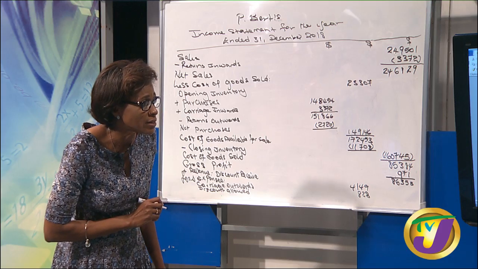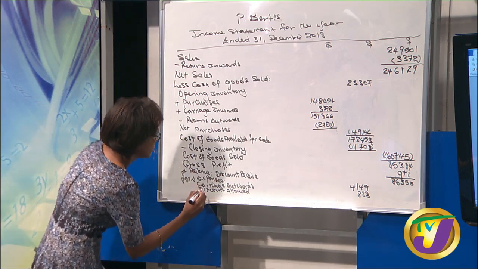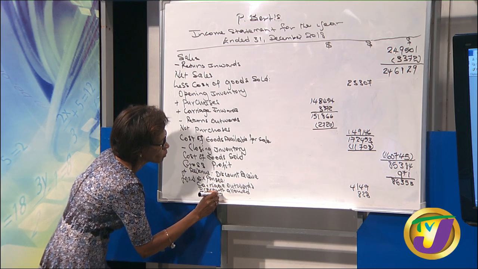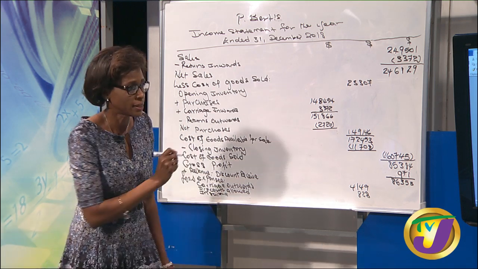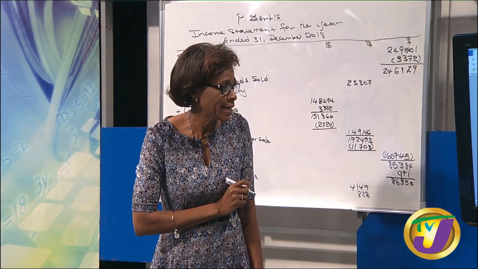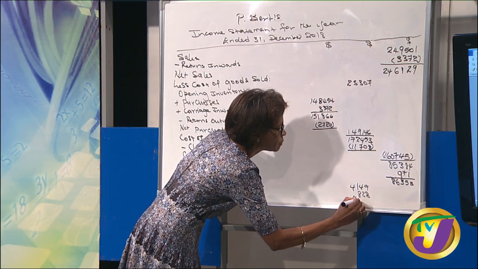Then you have insurance, which works out to be 5,484.